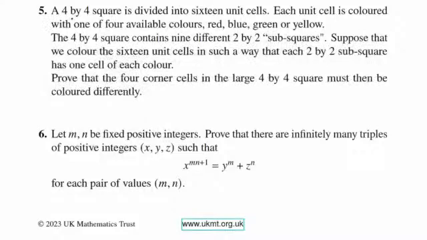Problem number 5. A 4 by 4 square is divided into 16 unit cells. Each unit cell is colored with one of 4 available colors: red, blue, green, white. The 4 by 4 square contains 9 different 2 by 2 subsquares. Suppose that we color the 16 unit cells in such a way that each 2 by 2 subsquare has one cell of each color.